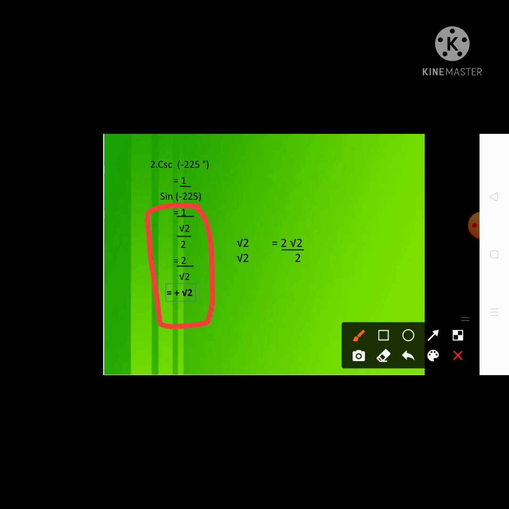So the final answer is positive square root 2, because 2 over square root of 2 is equal to 2 square root 2 over 2.